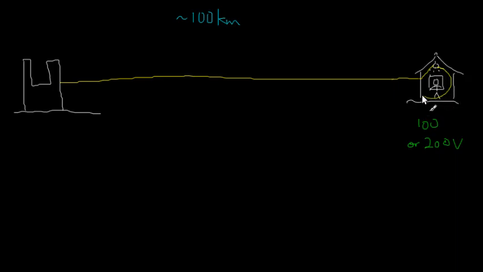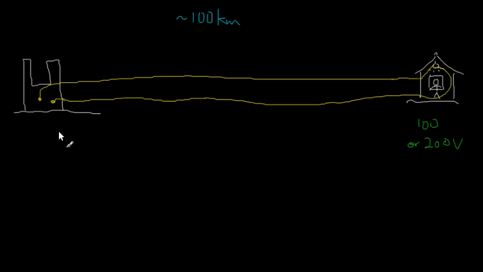After flowing through all the appliances, it has to come back and travel over this 100 or tens of kilometers all the way back to the power station. Okay, so there is this power station here which generates some voltage.